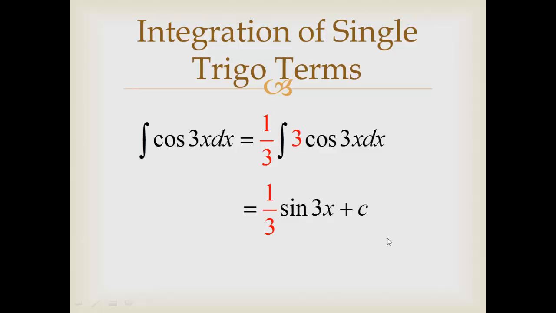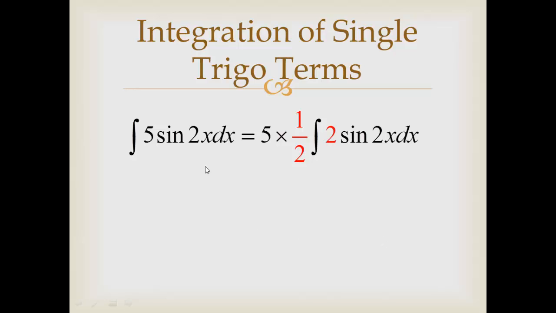Let's take a look at another example. What if we are asked to integrate 5 sine 2x dx? Again, we look at the function f(x), which is 2x. We differentiate 2x, which will yield 2. But in the original question, there isn't a 2 found in front, but a 5.